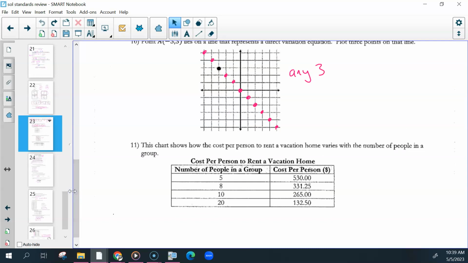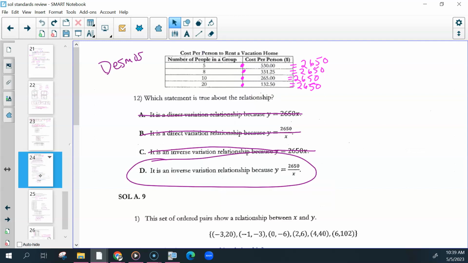And then, I don't know what happened with 11. There's tables here, but there's not a question. But there's a question for 12, so go on to 12. And then, I'm going to show this one in demo. So how I did 12 was, I put each of these points in a table, and I put in the 2 equations given, because they just repeat.